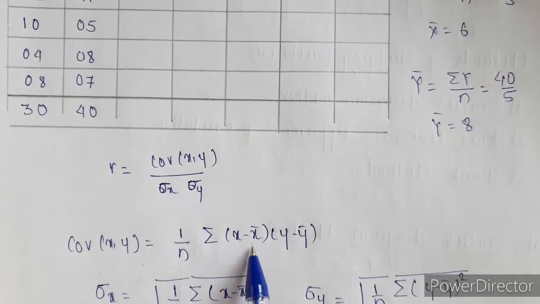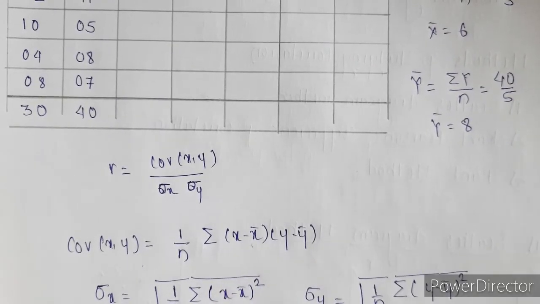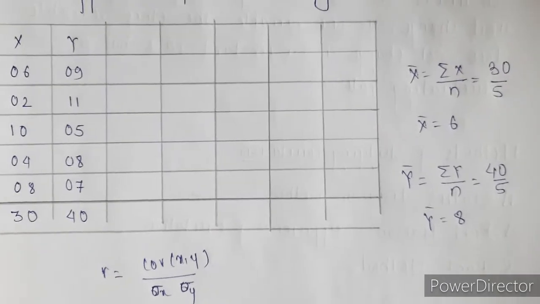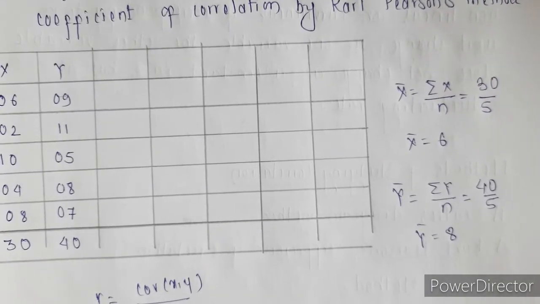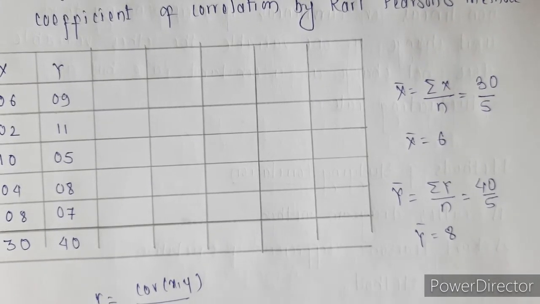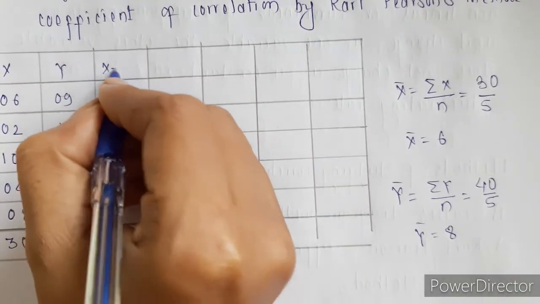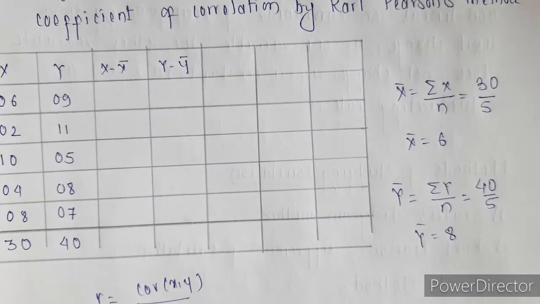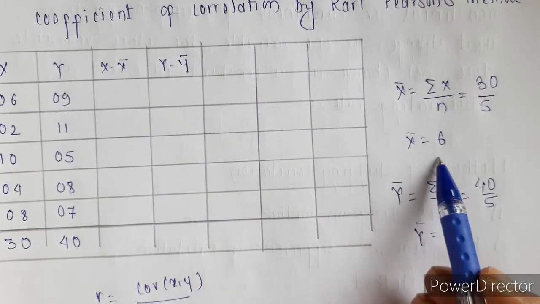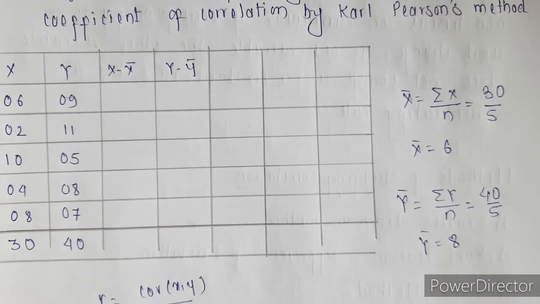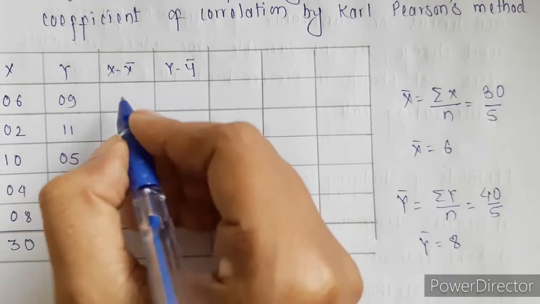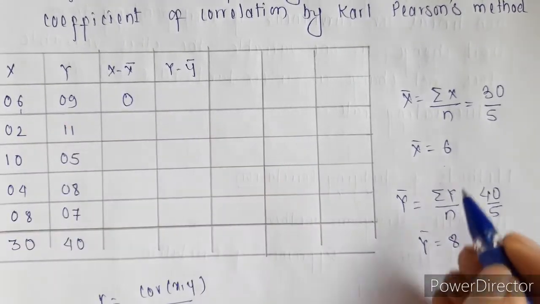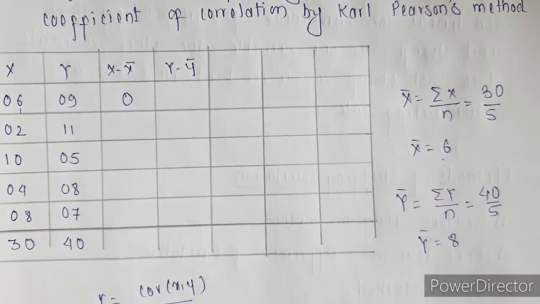Next, we need to find x minus x bar, the deviation of x with respect to the mean of x, and y minus y bar, the deviation of y with respect to the mean of y. Our x bar is 6. First will be 6 minus 6, so x minus x bar is 0.